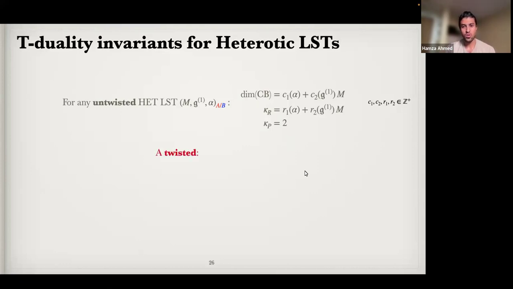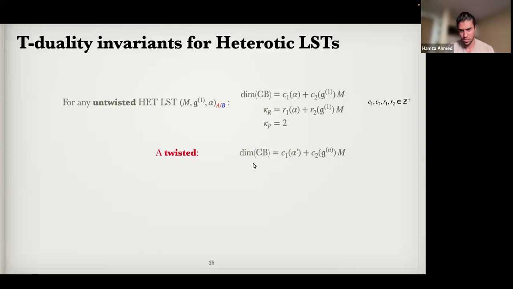So if I twist A, so if I choose a genus-one fiber, let me take it back for a bit. I told you earlier that kappa R actually doesn't change under twisting. So this would remain the same, whatever genus-one geometry I pick. So the only thing that can change is the Coulomb branch, and also the flavor symmetry, but let me ignore that for now.